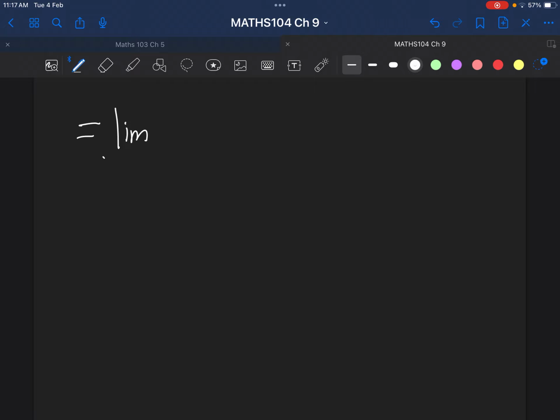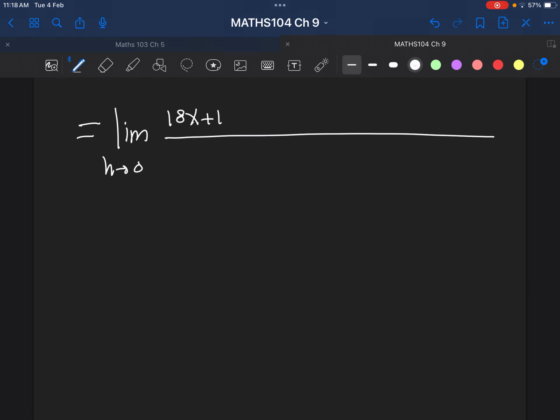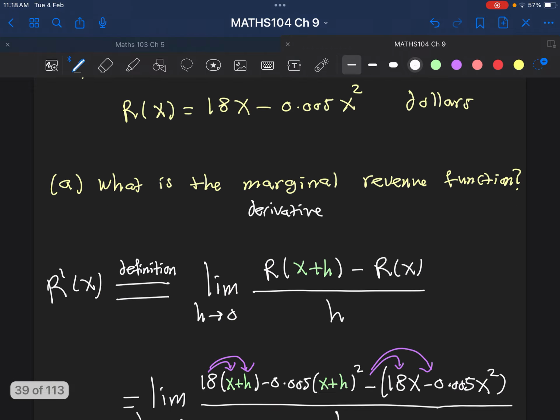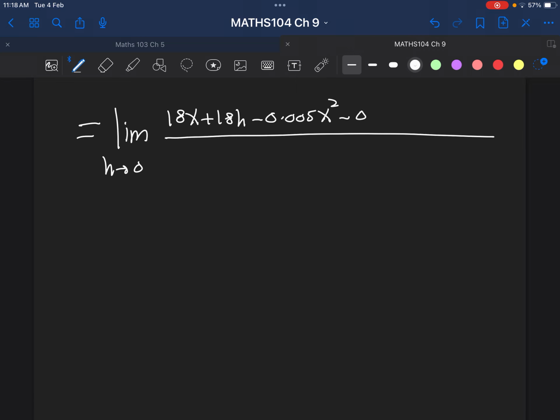So this will be the limit as h goes to 0 of 18x plus 18h minus 0.005x squared, minus 2 times 0.005, it will be 0.01xh, minus 0.005h squared, and finally minus 18x plus 0.005x squared.